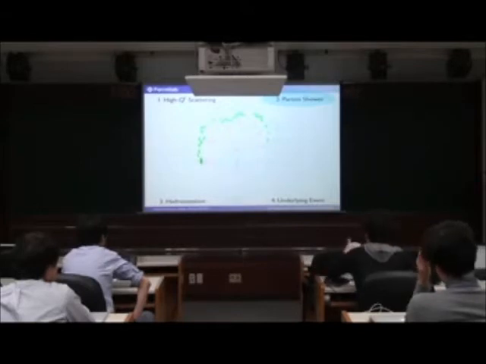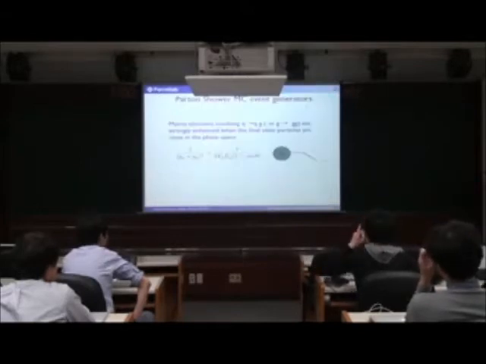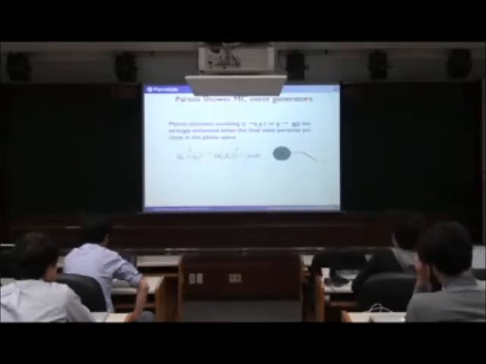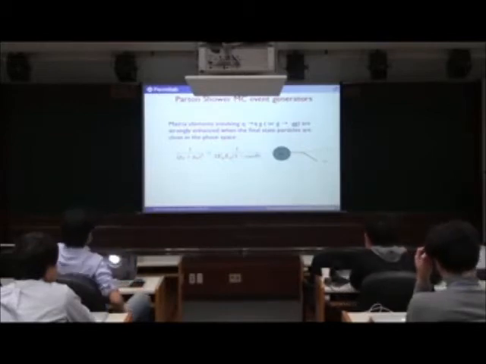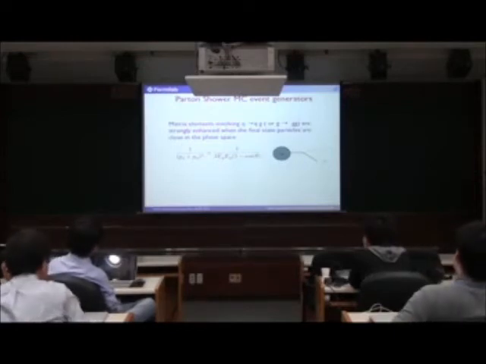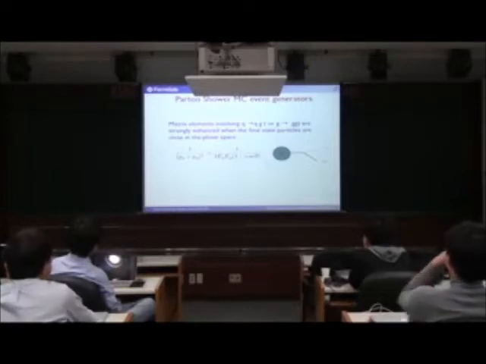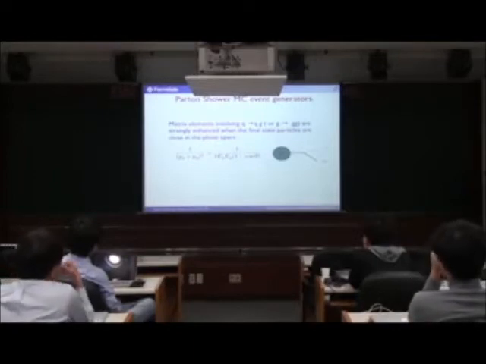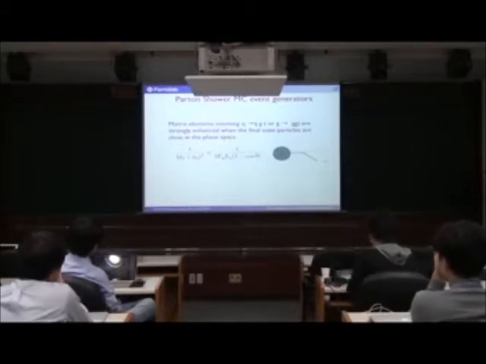Next part is the parton shower. A very convenient fact about QCD is that matrix elements that involve splitting, so a quark to a quark and a gluon, or a gluon to two gluons, splitting of this type, where here we have a quark and this is a gluon, are strongly enhanced when the final state particles are close in phase space.